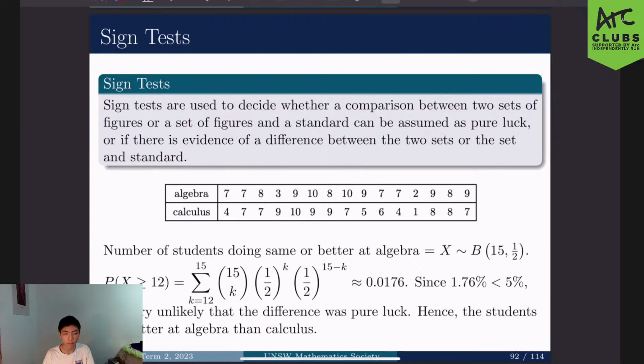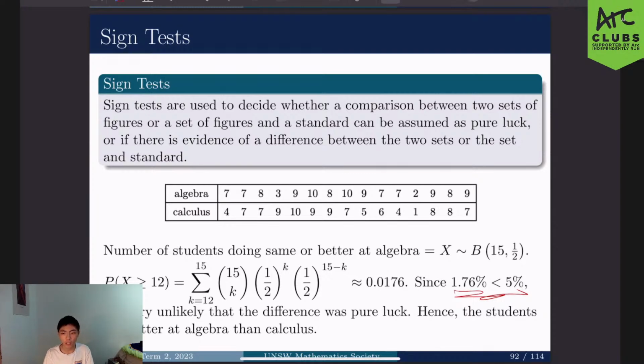Here we have algebra being easier than calculus, right? Yeah, because this is our topic. So essentially what we do is we look at all of the cases that we have the students doing the same or better at algebra. If it is more extreme, we can have 12, 13, 14, 15, add them together, look at the probability of that, and then make a comparison. See here that 1.76% is less than 5%.